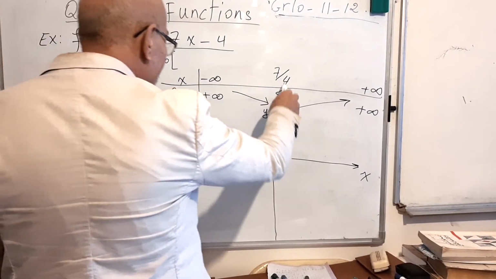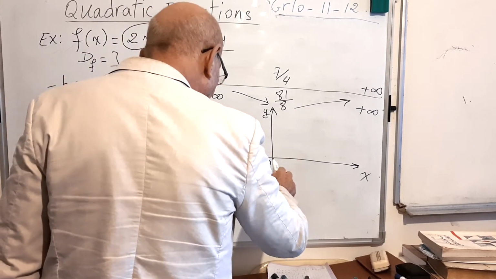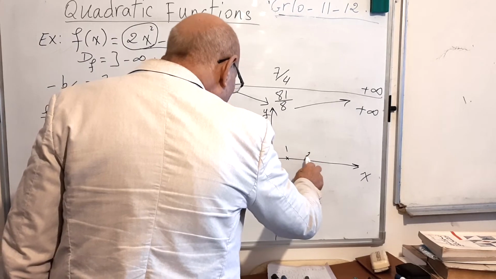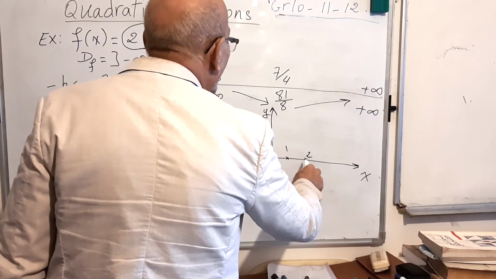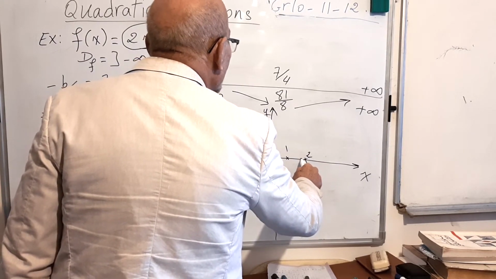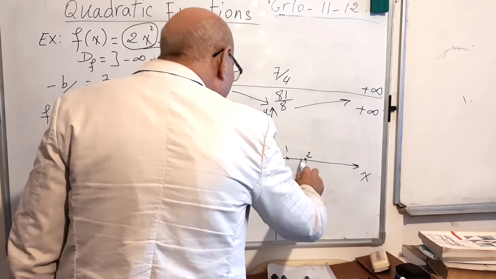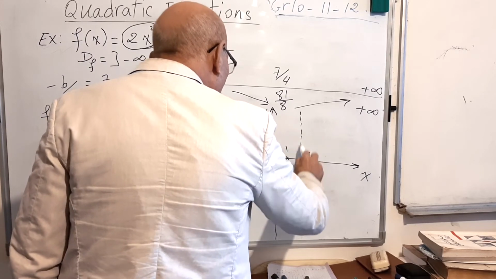If x equals 7 over 4, x equals 7 over 4 is an axis of symmetry.